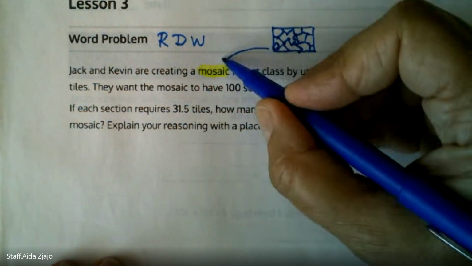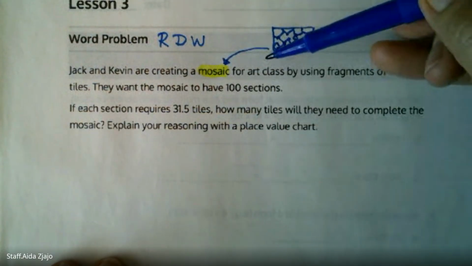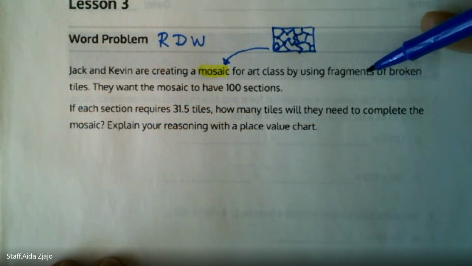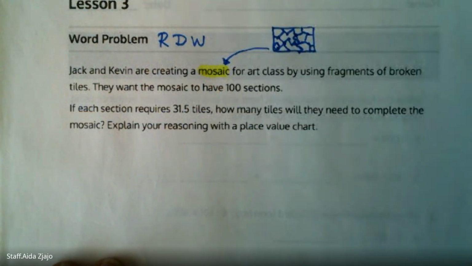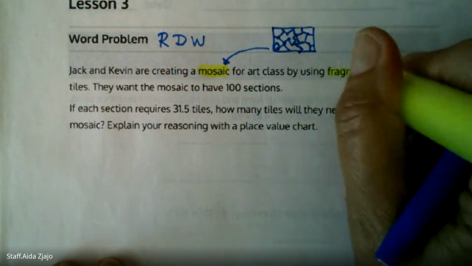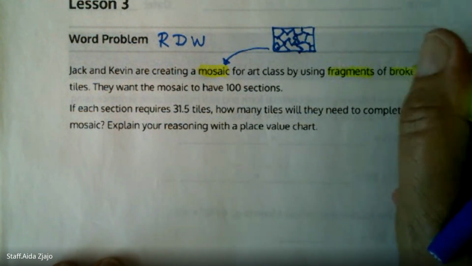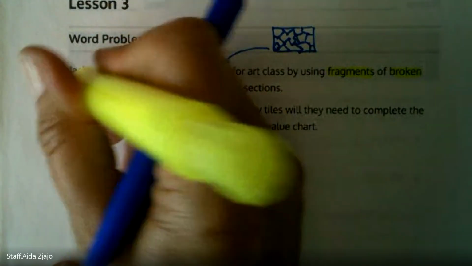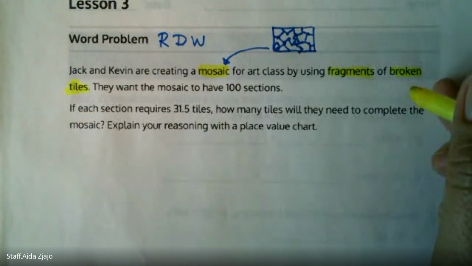That is a mosaic. So for art class, by using fragments of broken tiles, fragments are also little pieces of broken tiles, so they will incorporate that to make the mosaic.